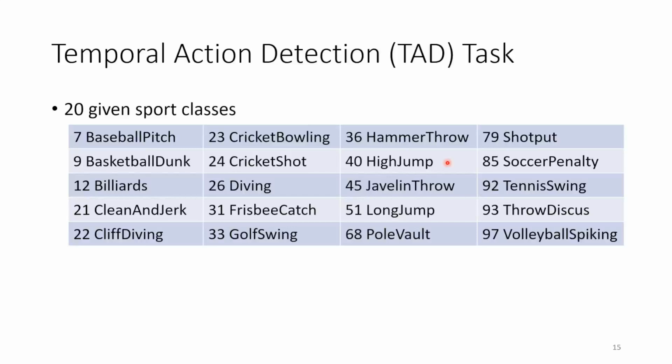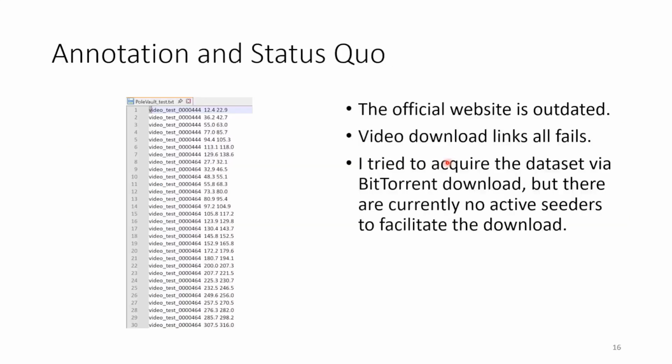However, in ActivityNet 1.3, there are more daily actions. So let me show you. Now we can still get the annotation from the THUMOS 14 dataset, but there's a problem.